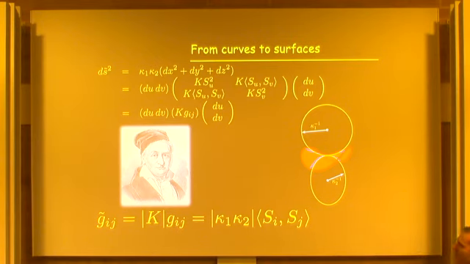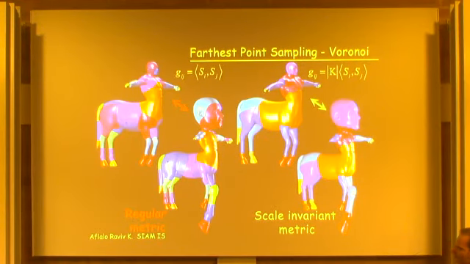With the scale invariant metric, we can now compare distances between objects. If we use the regular metric, these bisections of the objects would not correspond. And if we use the right metric, then you can see that here we split this centaur with the manipulated head and shoulders, and the parts of the centaur would correspond.